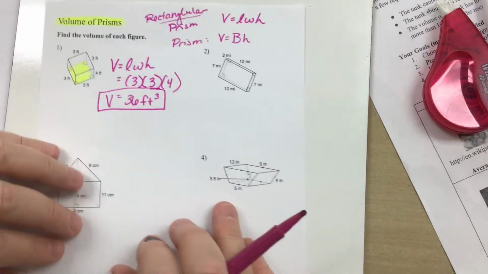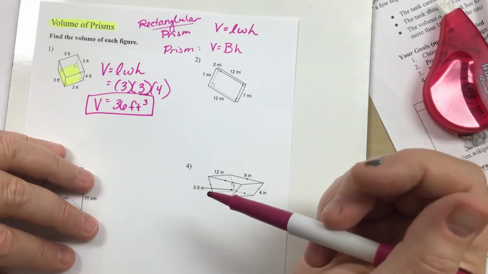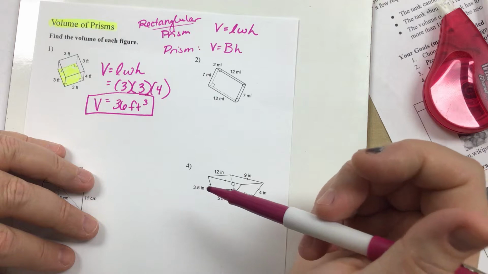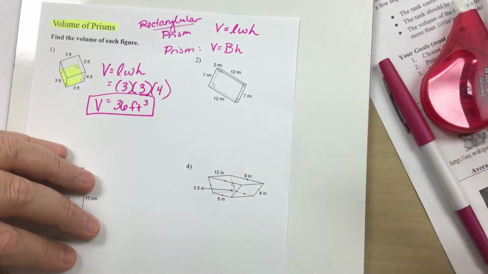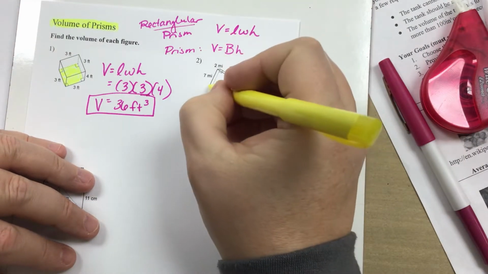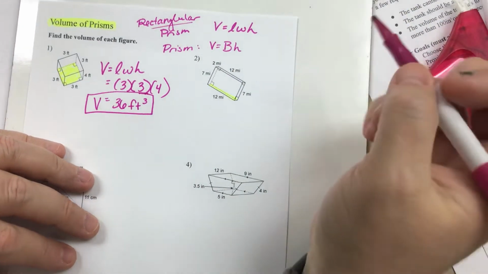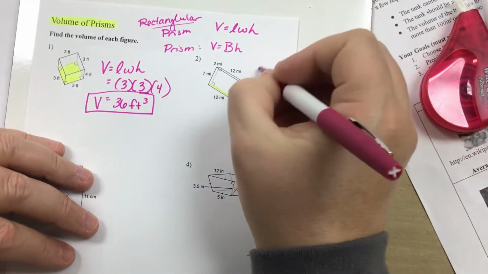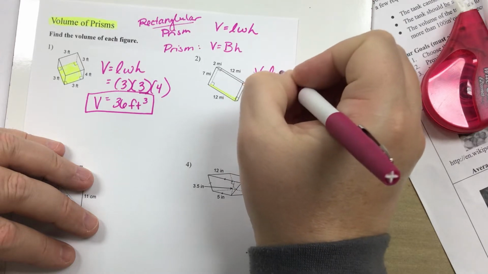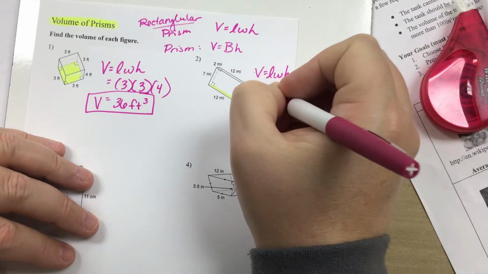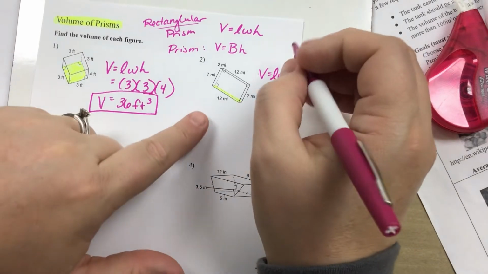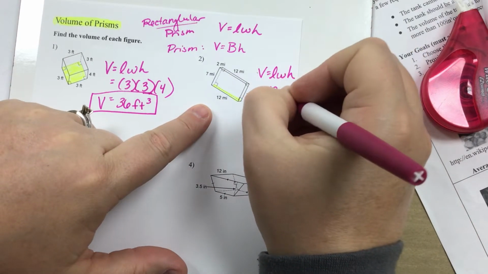Okay, let's look at my second example over here. Again, I want to find the volume. This is a rectangular prism. The base, and depending on how you look at it, I'm looking at the base as this little narrow thing there, that little rectangle. So again, volume, I could do length times width times height. So in this situation, the length would be 12 miles.